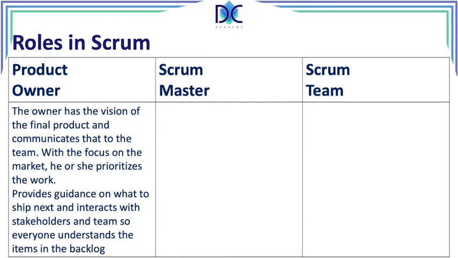It is also very important that the product owner provides guidance on what to ship next, what is the next step that we have to do. The product owner communicates and interacts with the stakeholders and the team so that everybody understands what work is still in the backlog.